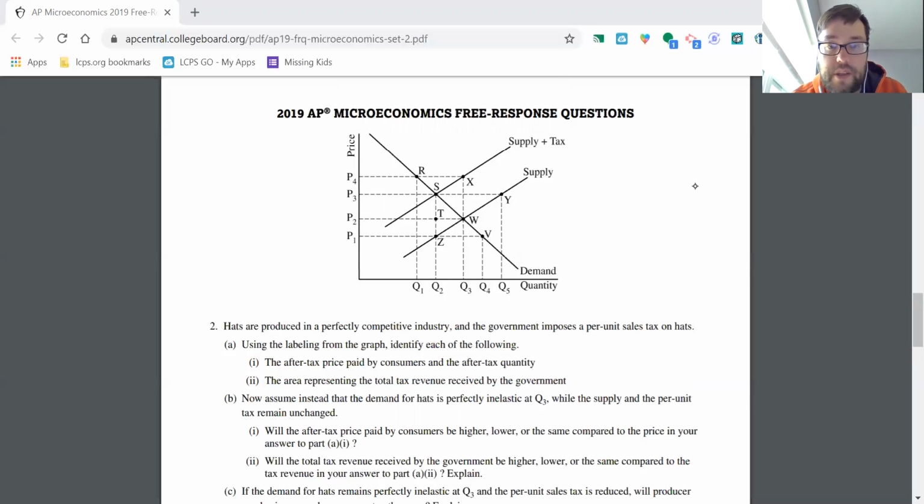And not only that, the price has increased. Because of this, you're going to know that the area here is going to be larger. That's generally the case when demand is perfectly inelastic: even if the price increased, the quantity demanded is not going to change. In this case, it's actually at a higher quantity.